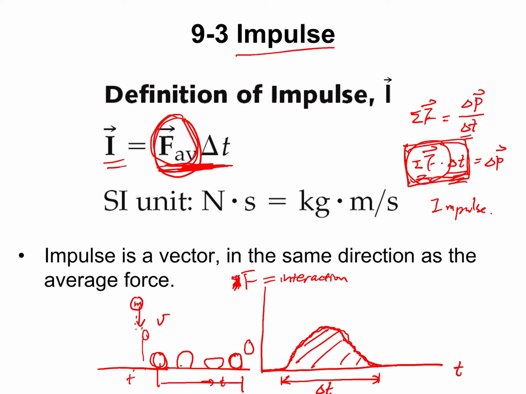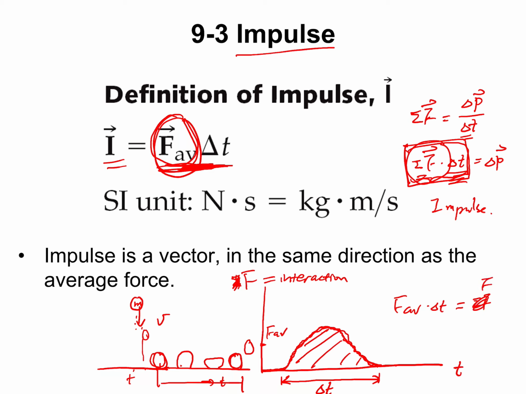So we can find some sort of average force, because we don't know exactly what it is. Let's use an average force so that average force times time equals the effect of this changing force.